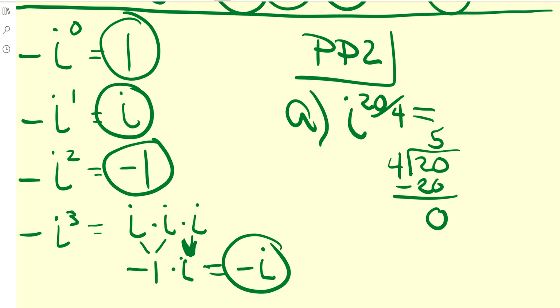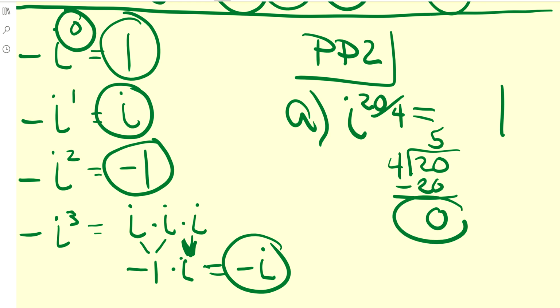Because I'm looking at the 0 as the remainder, that's going to match the exponent 0, and therefore i to the 20 is going to equal 1. So i to the 20 equals 1. I'm dividing the exponent by 4, and then after the long division, I determine what the remainder is.